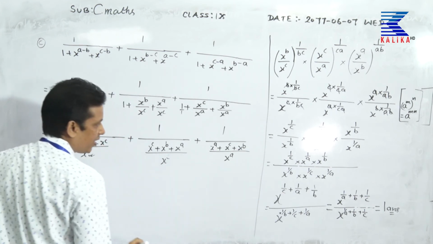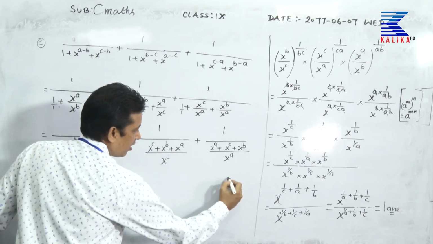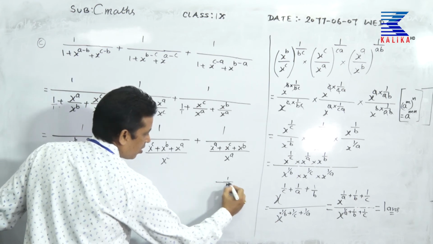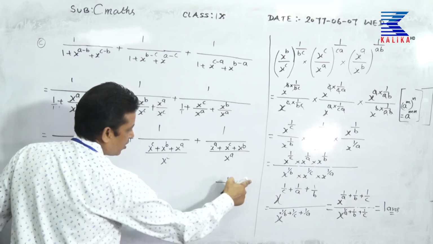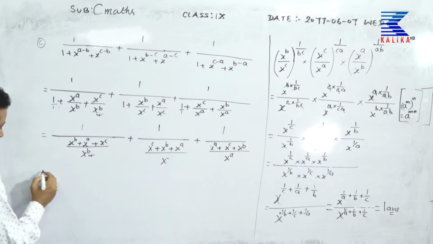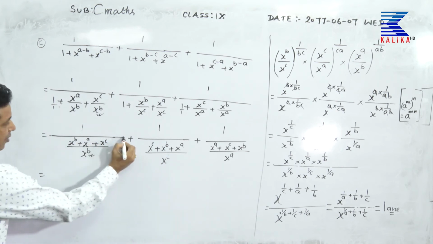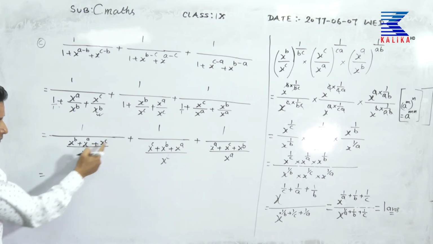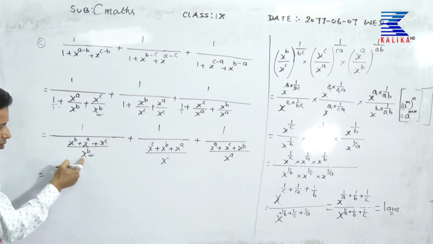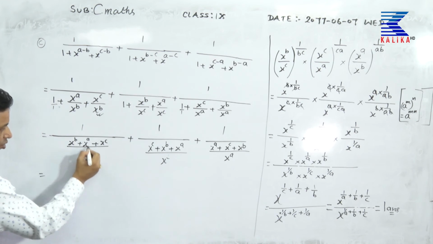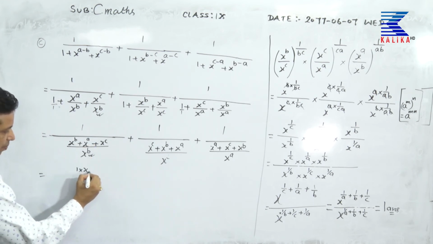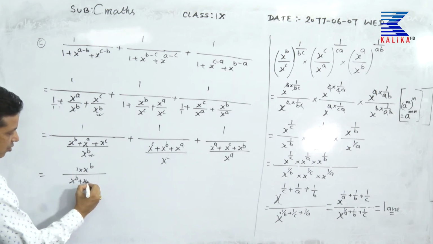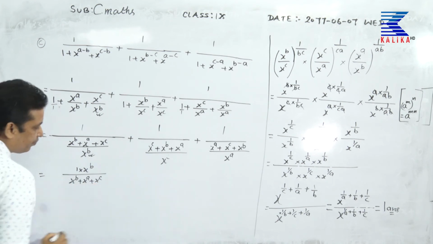And now, one more thing, 1 over m, look, like this step we need to follow. Anyway, I will do it here at first. Look, here the main divider is this longer line, therefore directly this x to the power b goes up, it becomes 1 into x to the power b, and in the denominator x to the power b plus x to the power a plus x to the power c.